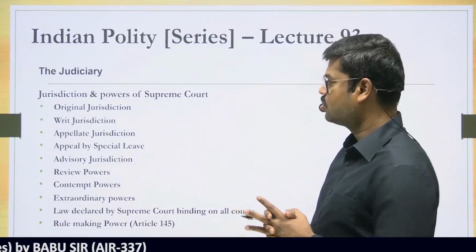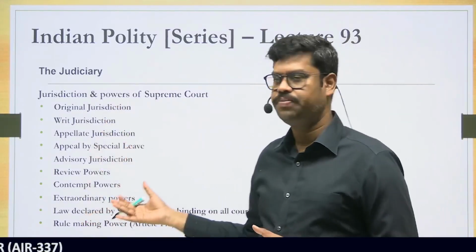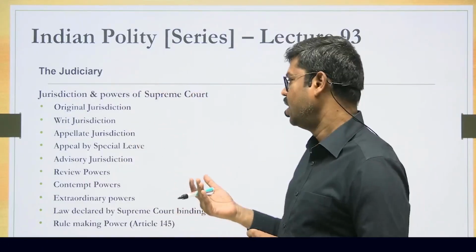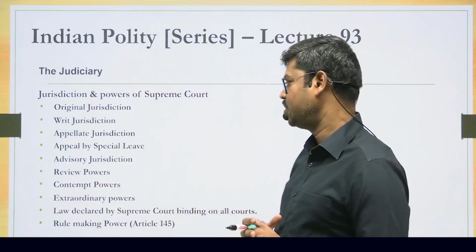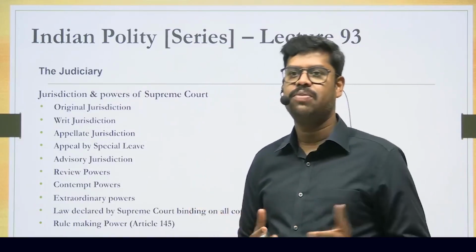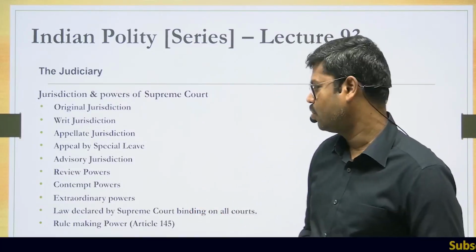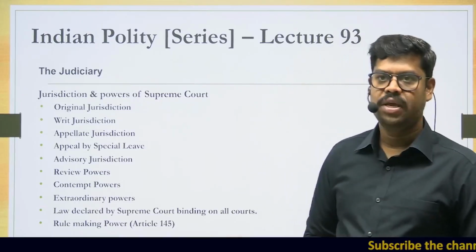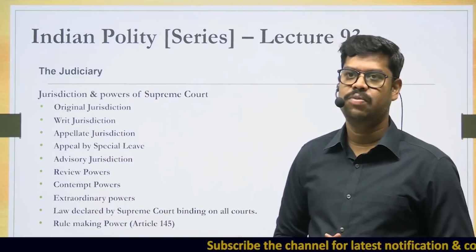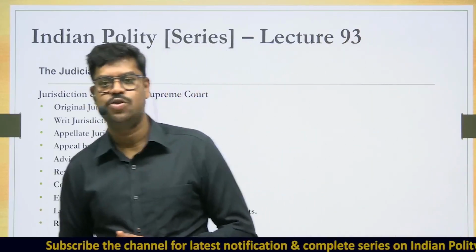Basically, these are the various jurisdictions: original jurisdiction, writ jurisdiction, appellate jurisdiction, appeal by special leave or special leave petition jurisdiction, advisory jurisdiction, and apart from that they have a number of powers like review powers, contempt powers, extraordinary powers under Article 142 of the Constitution, rule making power, and the power of being the apex court, that is, law declared by the Supreme Court to be binding upon all the courts. Okay, so these are all the major jurisdictions and powers exercised by the Supreme Court of India.